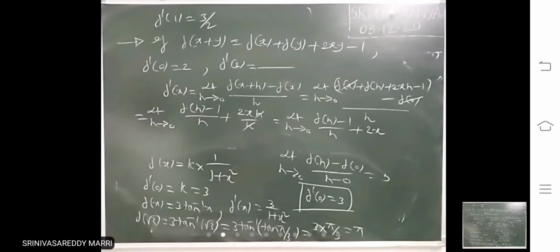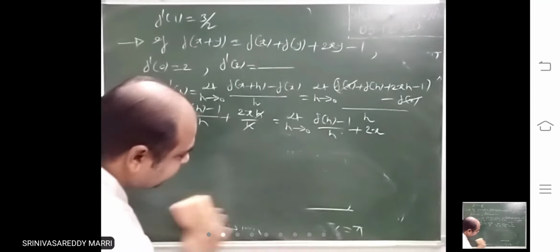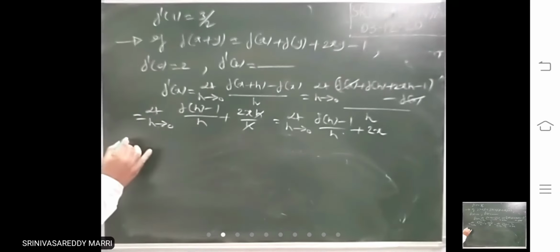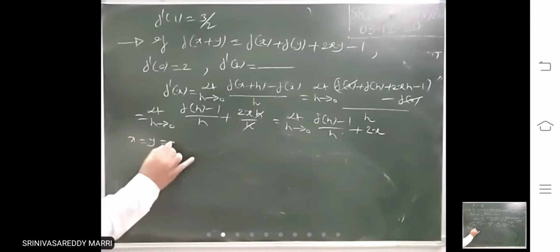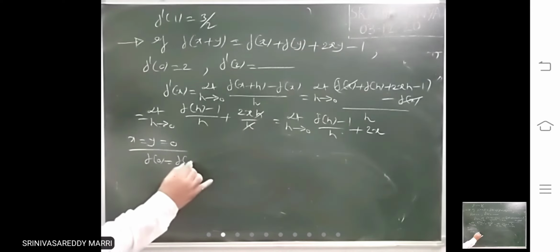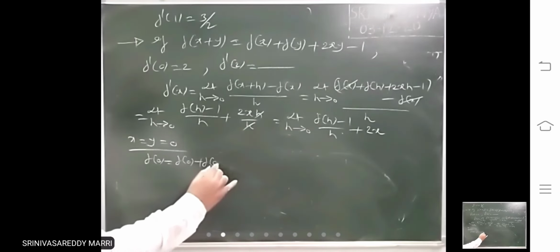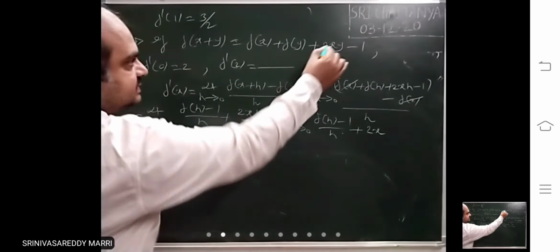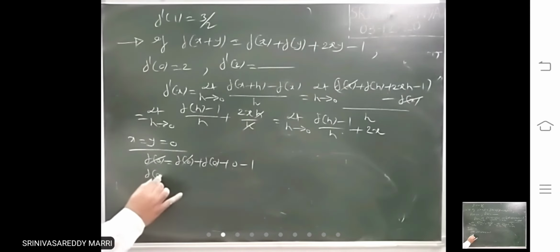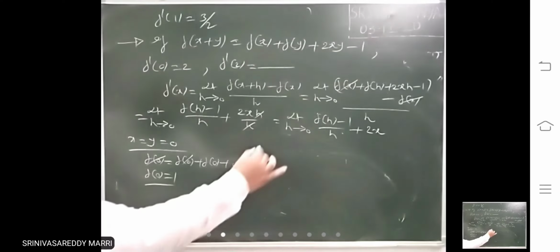Now if you look at this, in the given equation put x equal to 0, y equal to 0. What will you get? You will get f of 0 equal to 1.